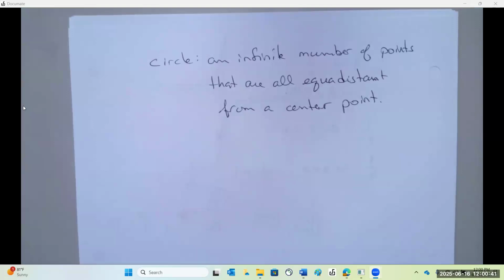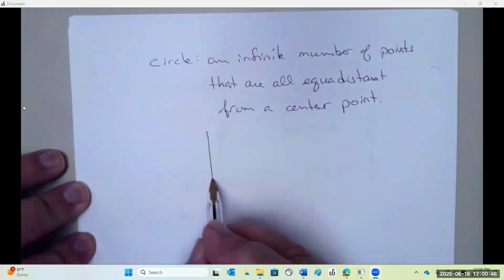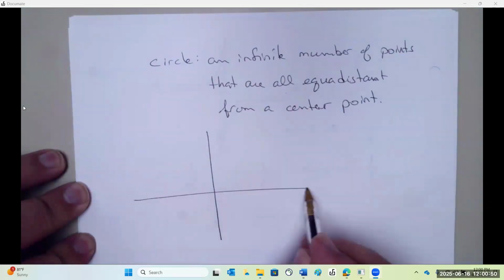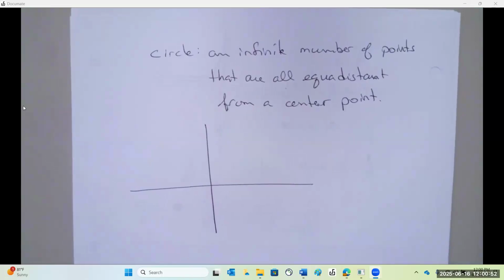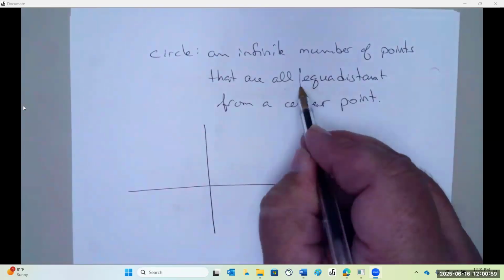And you're right, it has a lot to do with the radius. So it's an infinite number of points that are all equidistant.